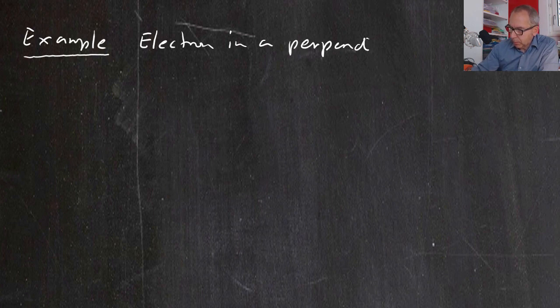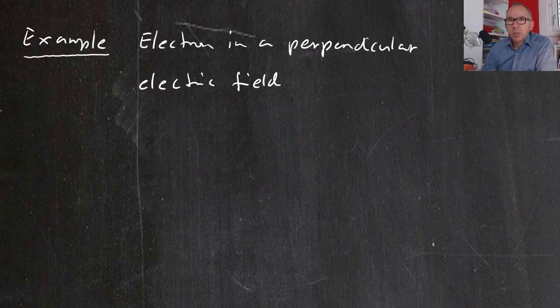That's this second example. So we have an electron in a perpendicular electric field.